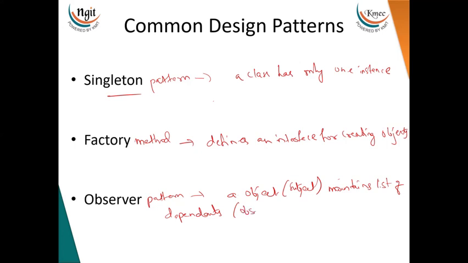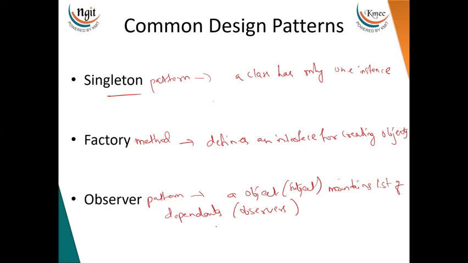When I say dependents, these are the observers, that are notified automatically when the subject's state changes. For example, in an email notification system, the user subscribes to specific types of notification, for example promotion emails. When an event occurs, all relevant users are notified with whatever notification they have subscribed for. Clear? That is what the observer pattern is.